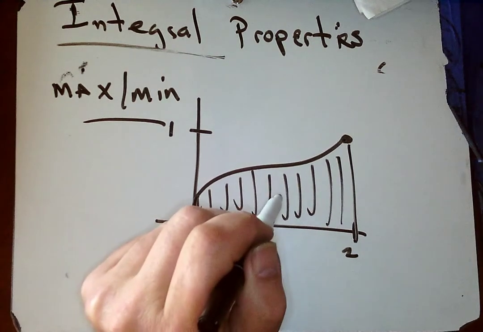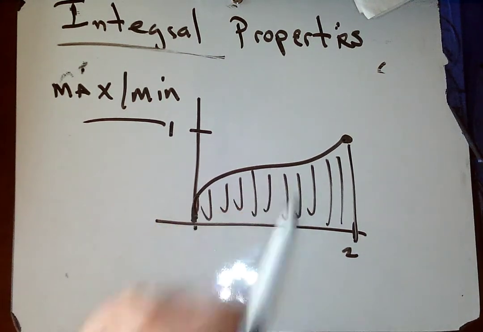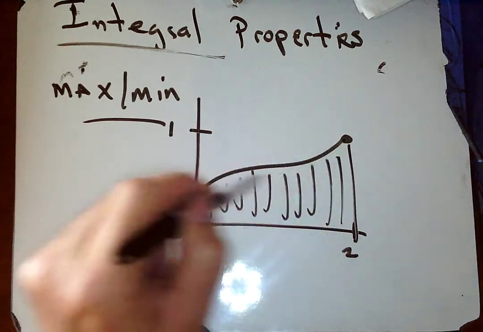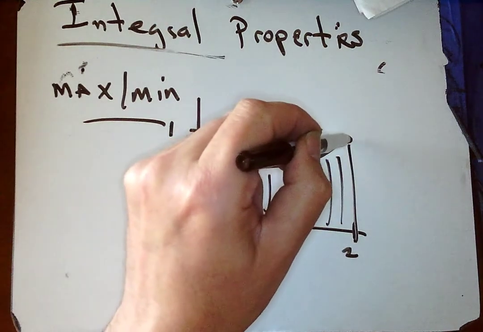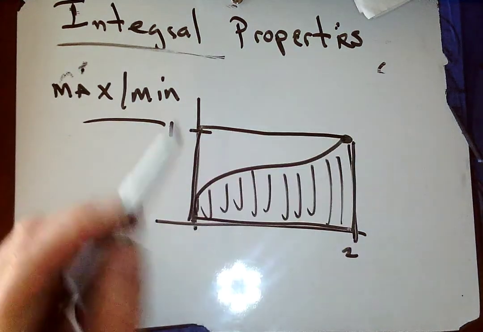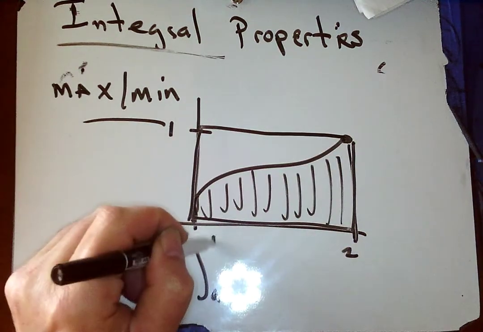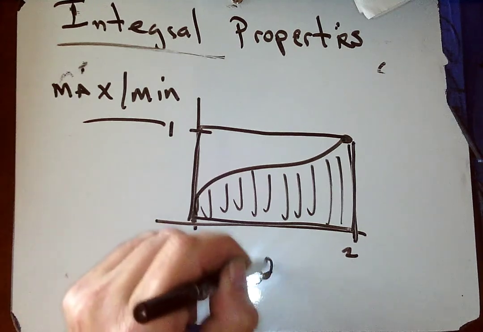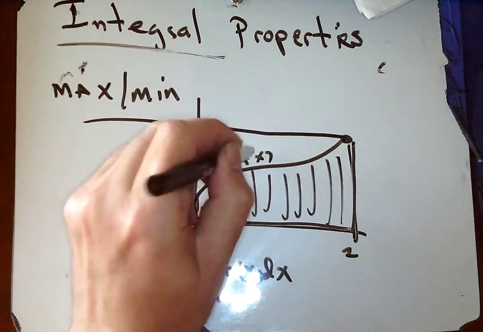So the best I'm going to be able to do is say, well, I don't know what this area is, but I do know that this area is smaller than this area, right? So I'm saying, well, I don't know what the area from a to b of little f of x dx is. Here's the f of x.